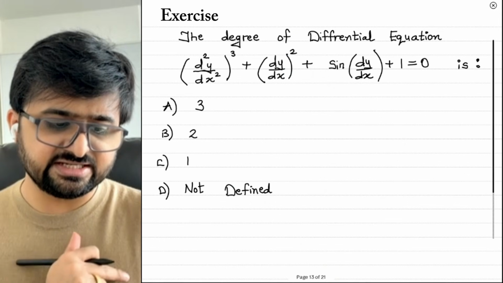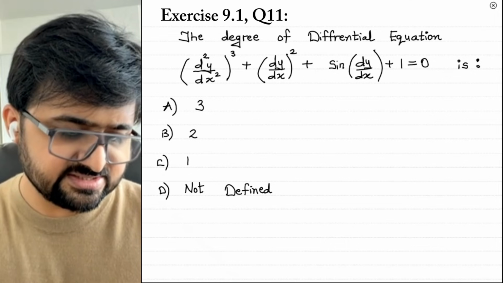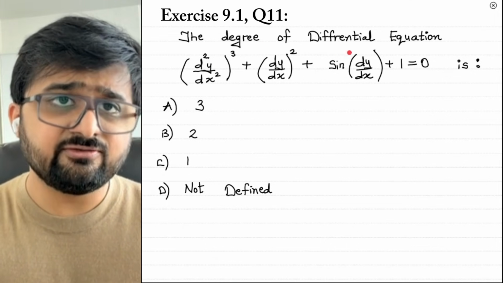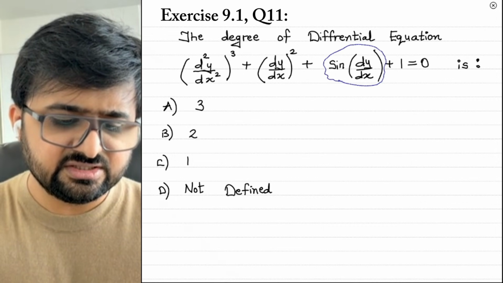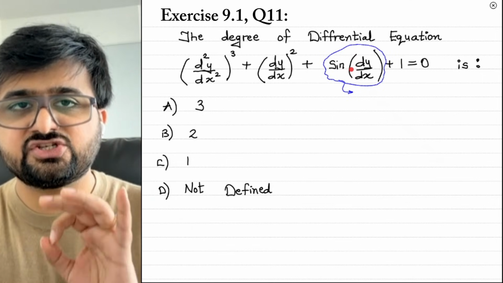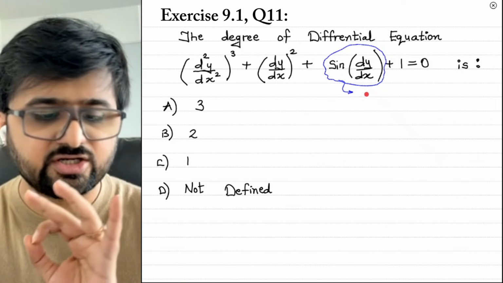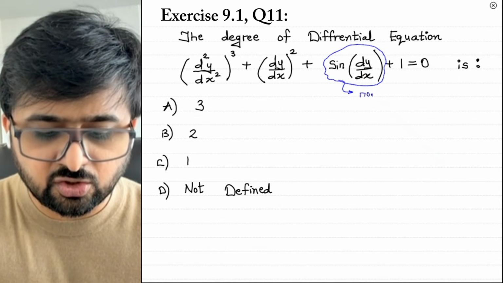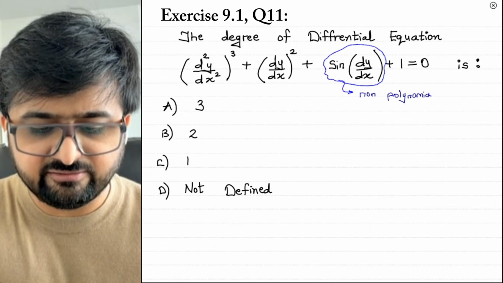All right, let's move on to the next example, which is a multiple choice question. The question says, the degree of the differential equation is what? Now, if you notice in this term, there is this sine dy by dx term. Whenever you see a non-polynomial derivative term in a differential equation, the degree of such a differential equation is not defined. So note that this sine dy by dx is a non-polynomial derivative.